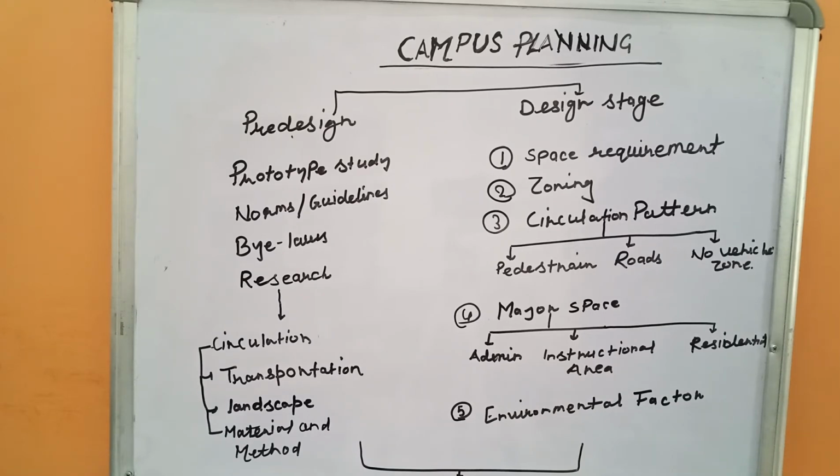So we must follow some environmental factors, like giving climatic features in our design, and various norms are there for environmental things, like you can follow ECBC, Energy Conservation Building Code, you can follow the IGBC and GRIHA rating system, and moreover the site features of the environmental category.